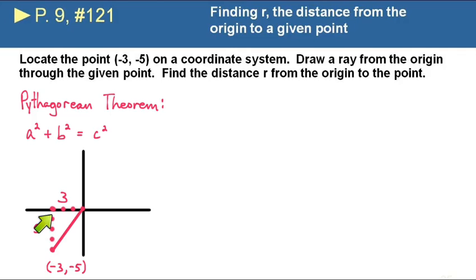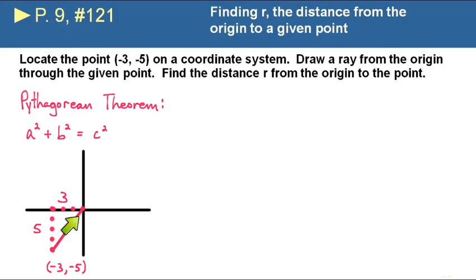Because think about it, from the origin out to here had to be -3. Now, I didn't use the negative, because the negative only tells me which direction to go, but the length of the side is actually just 3. And the length of this side, from the axis down to this point, is 5 units down. And again, I didn't use the -5 because the negative just tells me whether to go up or down, right? And I'm just using the 5 as the length of a side.